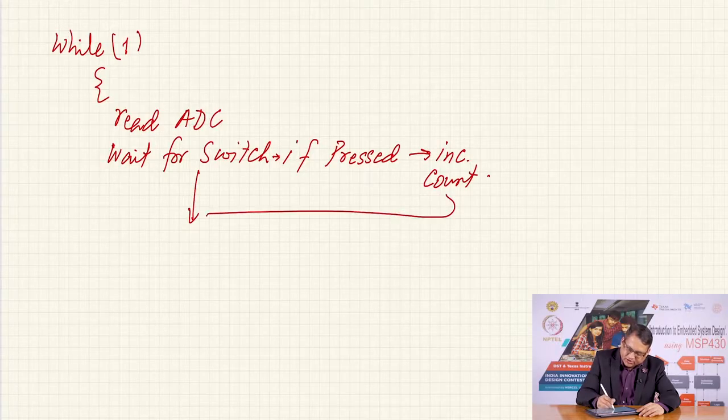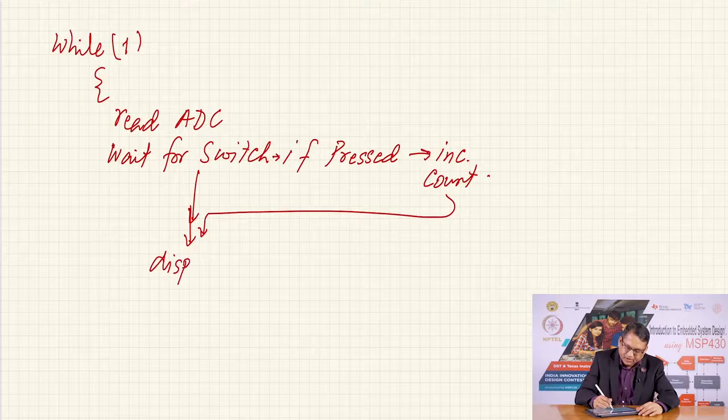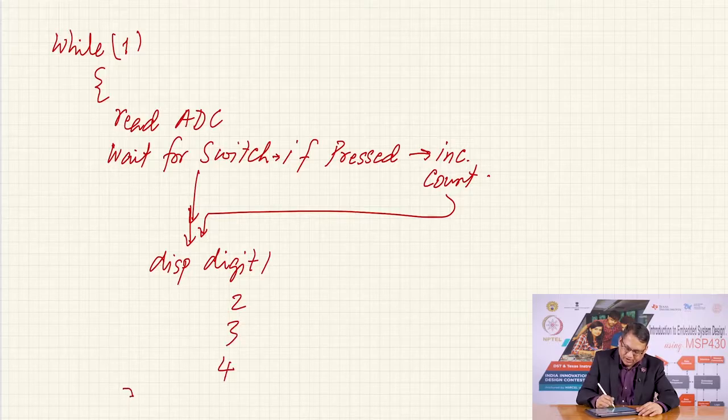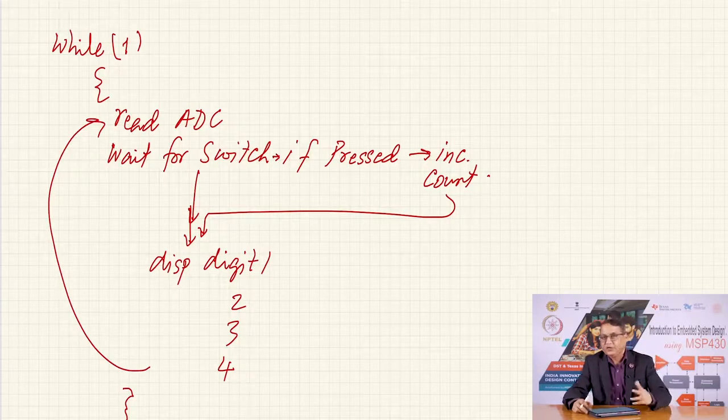If it is pressed, then you come after it is incremented. And now what you do? Break that count into 4 digits, display digit 1, then display digit 2, 3, 4, and then here your loop terminates, which means you are going to now go back, read ADC and so on. Now, see what is going to happen.